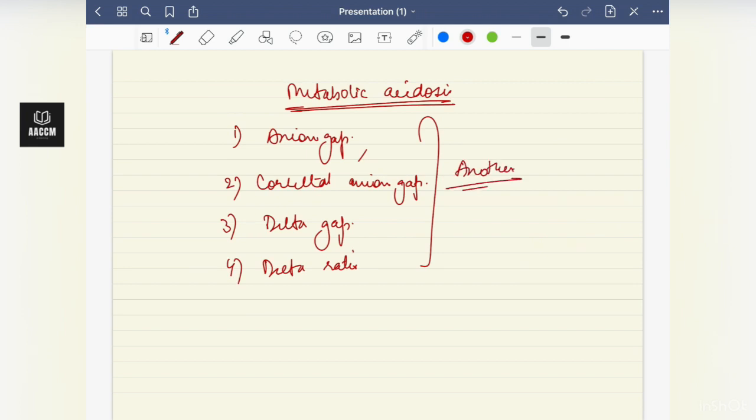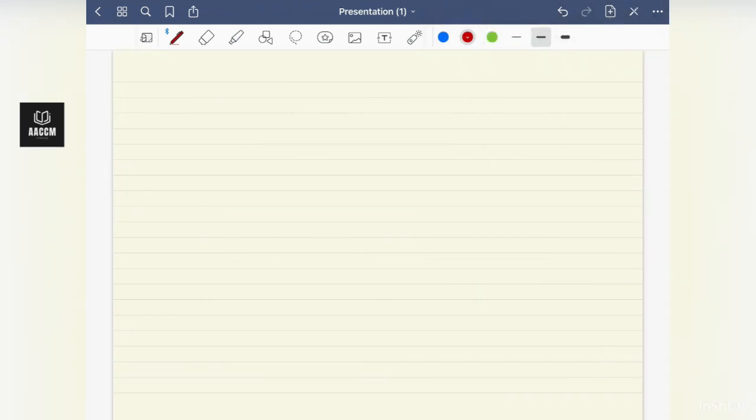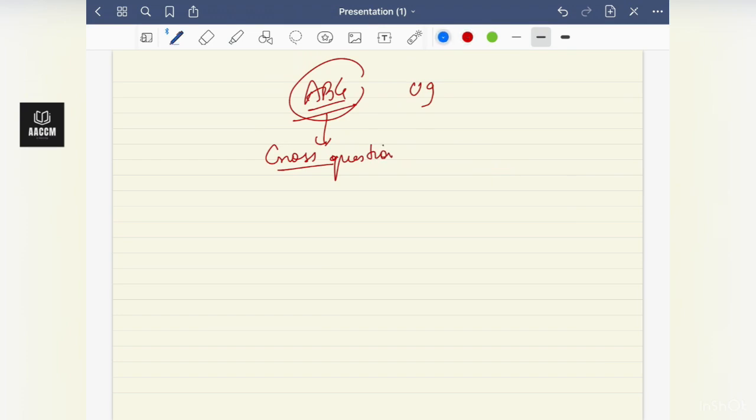Okay. So if an examiner gives you an ABG in an exam, I hope an undergraduate can easily diagnose it. But before answering the ABG, remember to cross question the examiner about what the FiO2 levels are, and what the ventilatory settings of the patient given to you are.